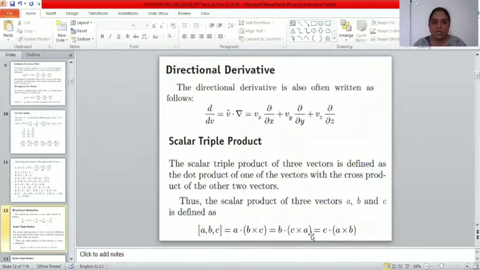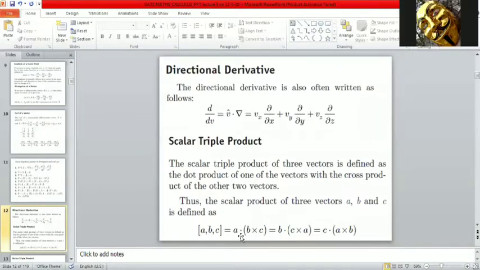Now here it is a scalar triple product. So scalar triple product of three vectors is defined as the dot product of one of the vectors with the cross product of the other two vectors, right? So thus the scalar triple product can also be denoted as a comma b comma c in brackets, and it can be defined as a bar dot b bar cross c bar.